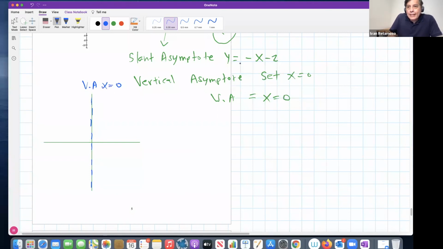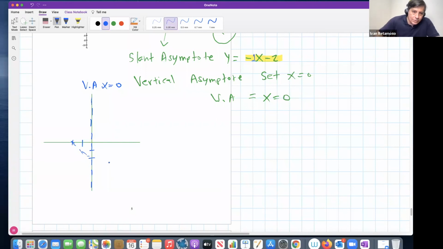The slant asymptote is this, right? Slant asymptote, slope minus 1, y-intercept minus 2. So let's say 1, minus 2 is here. Since the slant asymptote has this slope minus 1, it's going to go like this, right?